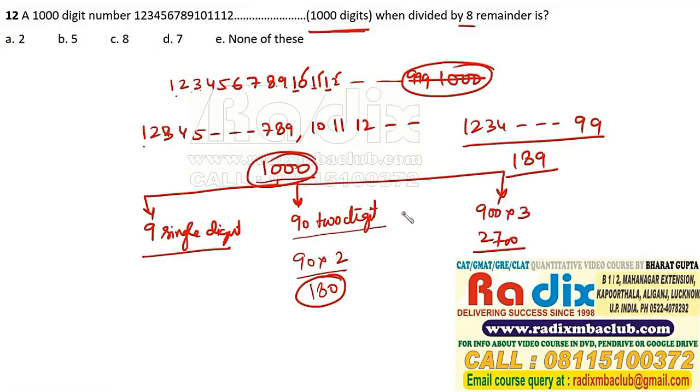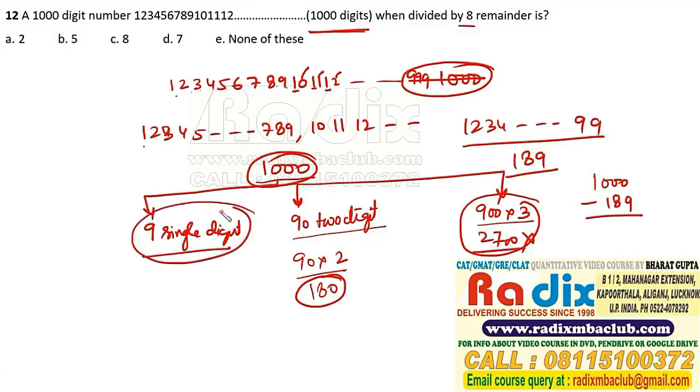So this will not go beyond 3-digit numbers. It means we will not calculate entire values of this. What we'll do, we will subtract 1000 minus 189, because 189 digits are used in 1-digit and 2-digit numbers. So remaining would be 811.